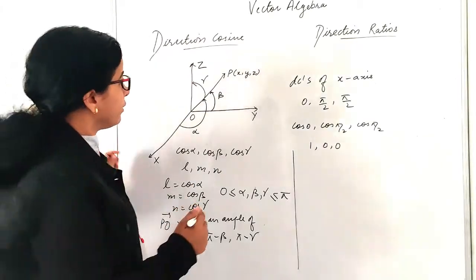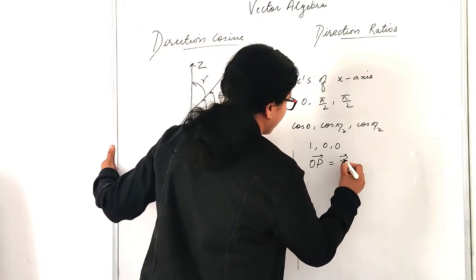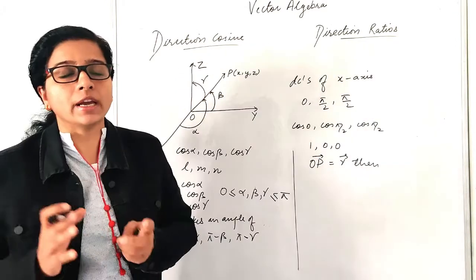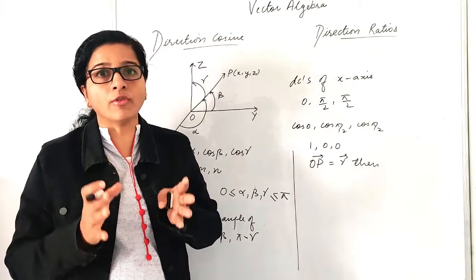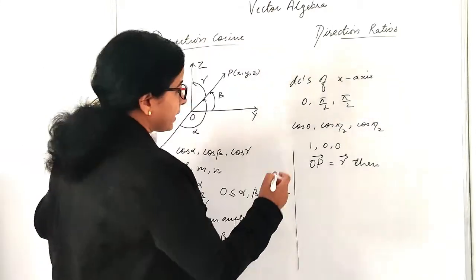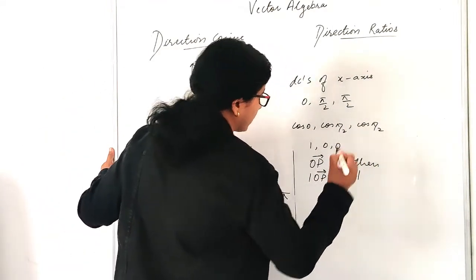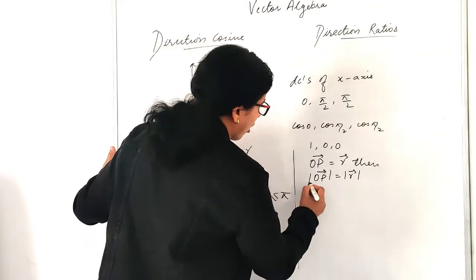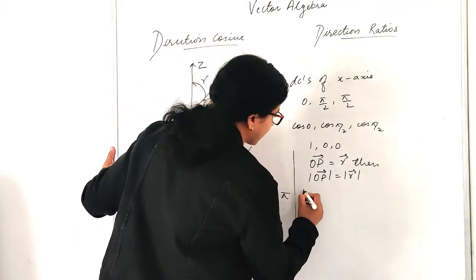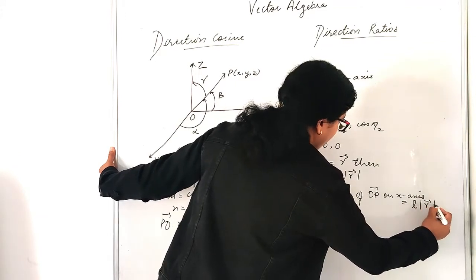Okay. So now if OP vector equals R vector, and I want to find the projection of OP vector on the x, y and z axes, then the magnitude of OP vector will be the magnitude of R vector, right? So the projection of OP vector on the x-axis is L times the magnitude of R vector, right?